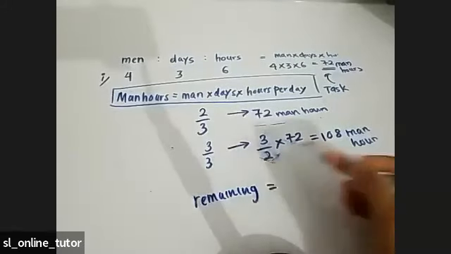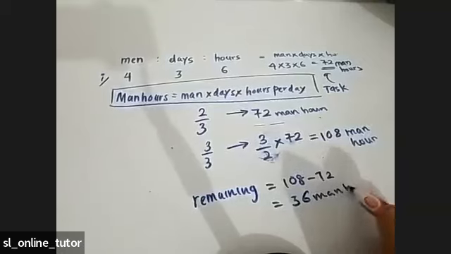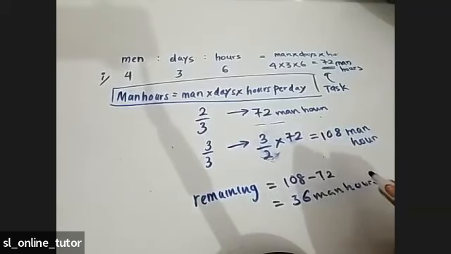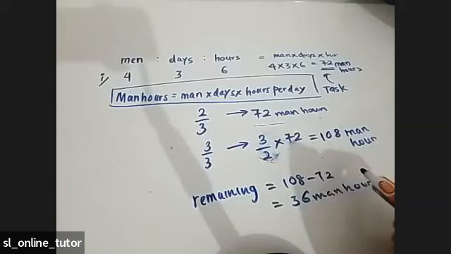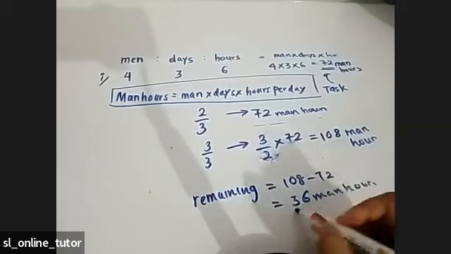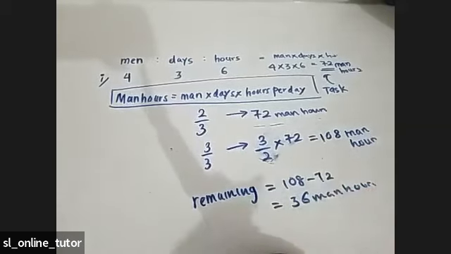They have completed only 72 out of the total 108. So 108 minus 72 remaining is 36 man hours. So Roman number 2 is asking that only. How many hours will they have to work to achieve this? We had to find how many hours they had to work now if they want to finish this 36 man hours. It's now easy.